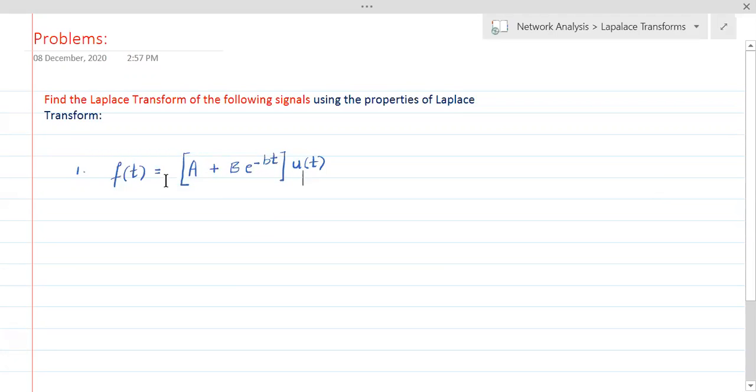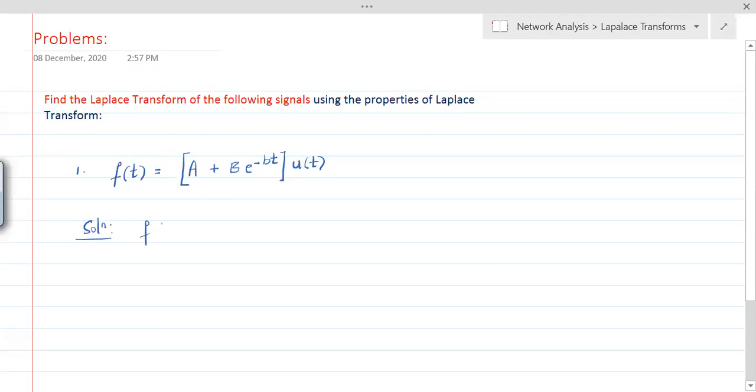Before we apply the Laplace transform to this particular signal, we shall bring it into a proper form so that we can easily find the Laplace transform of that. In the solution, what we can do is this. Everybody just start taking it down.